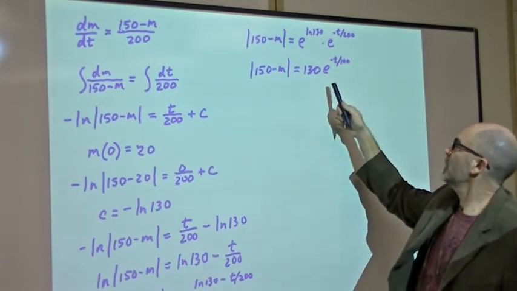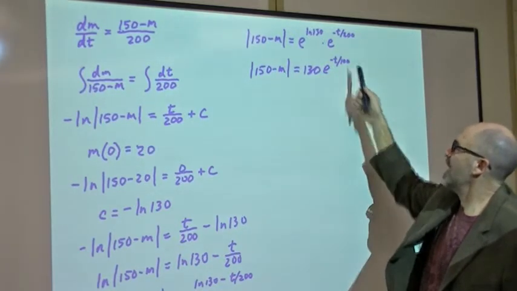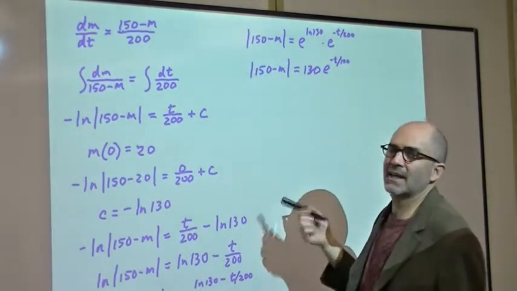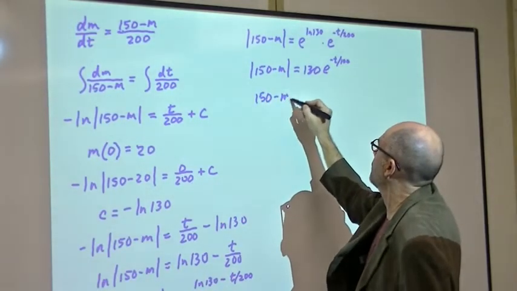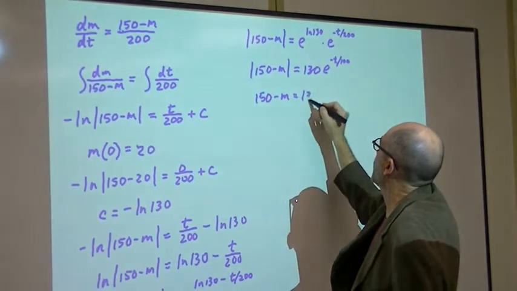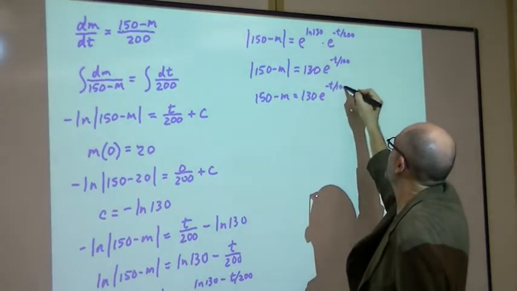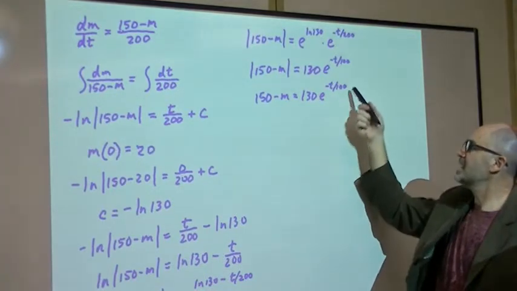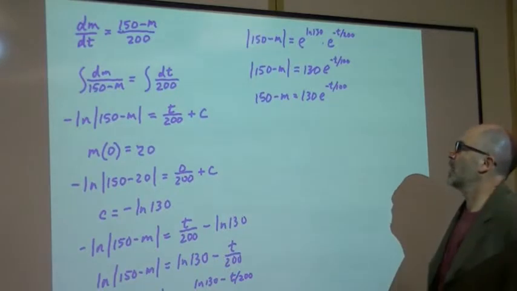But the other thing we know is 130 times e to anything has to be positive. So we don't need an absolute value here. We can just say 150 minus m equals 130 times e to the negative t over 200. Because, like I said, there's no way e to anything could ever be negative. So there we have it.